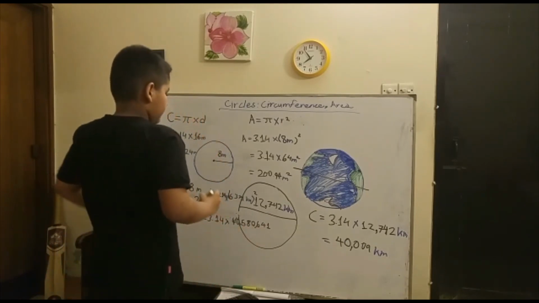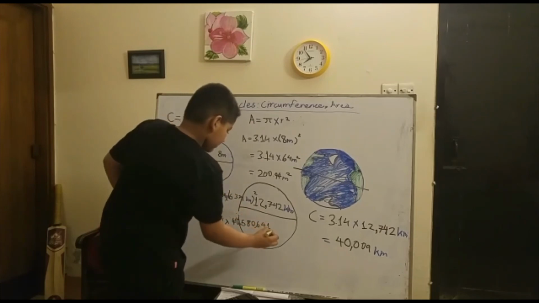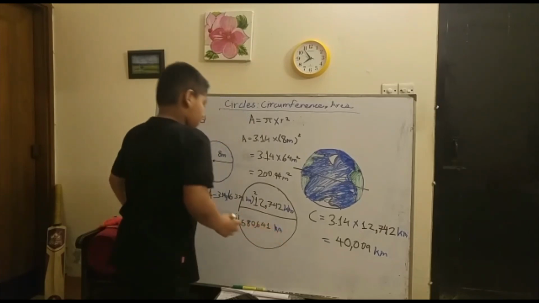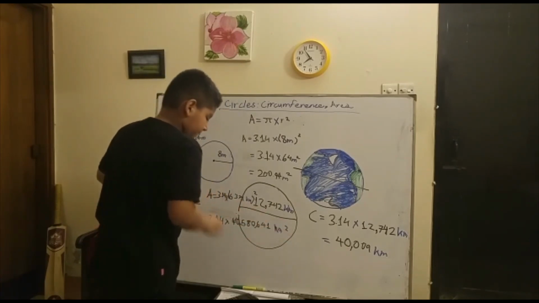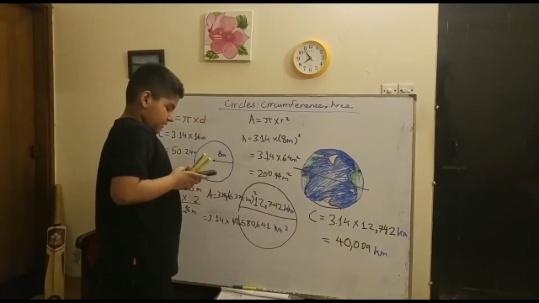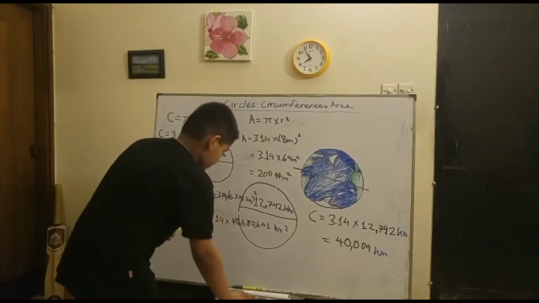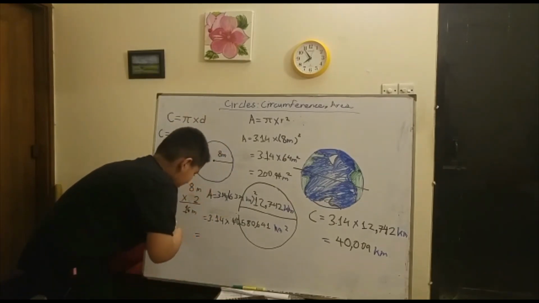Precisely 40 million kilometers, 41 million kilometers. Now we definitely have to use a calculator. So 3.14 times the answer equals. Are you guys ready to hear this?